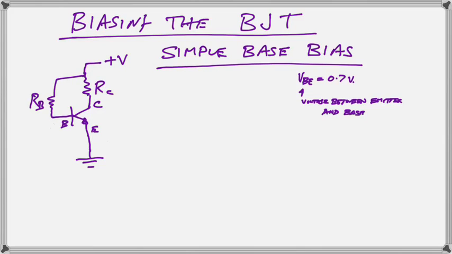The first thing we do is we say that for the sake of our models, we will have the voltage between the base and the emitter at 0.7 volts. We are going to assume that that's a constant 0.7 volts between the base and the emitter junction of the transistor.